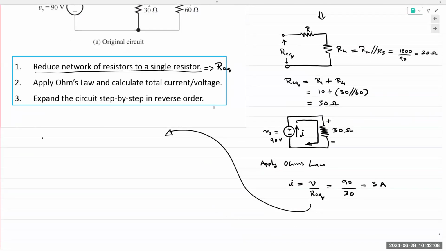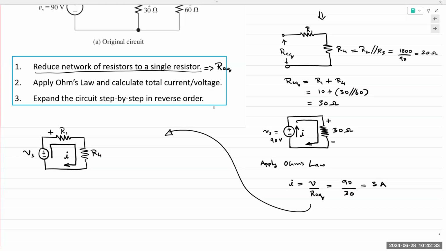what would I get? Voltage source, my resistor R1 and resistor R4. This is still Vs. Current I is still flowing in this direction.